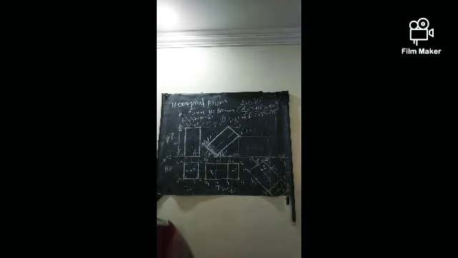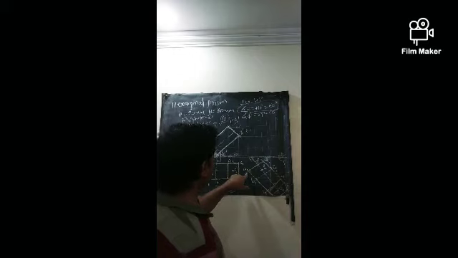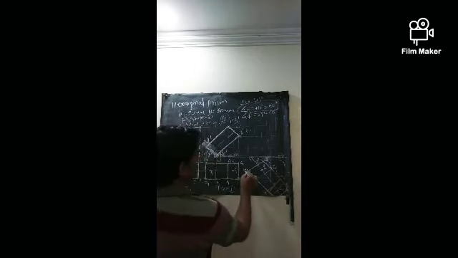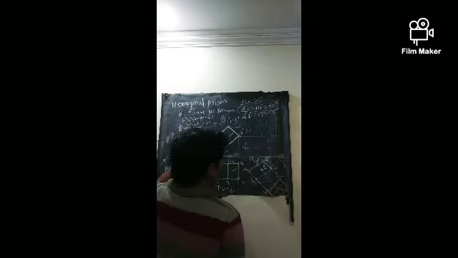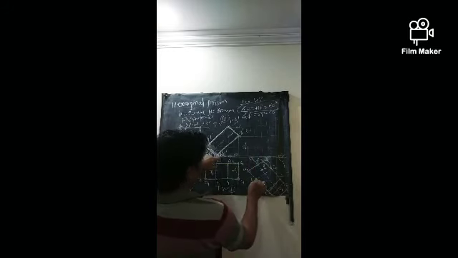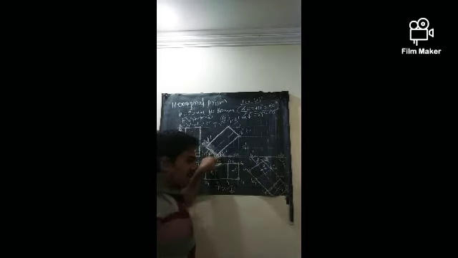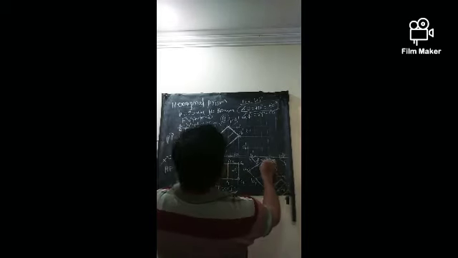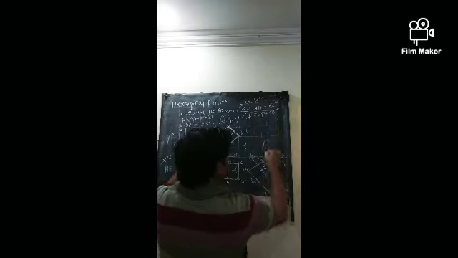Now we have to map the points in the top view and front view, means A1 and A dash. So A1 and A dash intersect here. So this is A1 dash. B1 and B dash intersect somewhere here, is B1 dash.